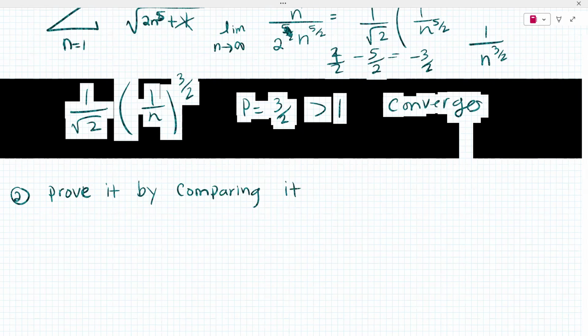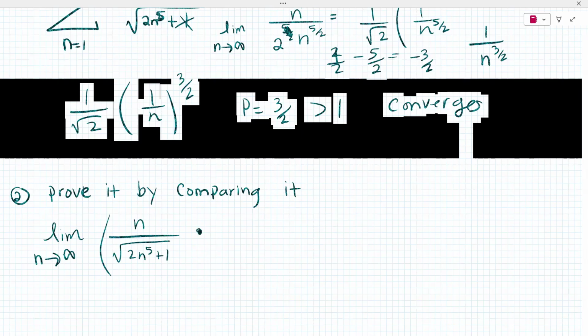So how do we compare it? We write it as the limit as n goes to infinity. It was originally n over the square root of 2n to the 5th plus 1.